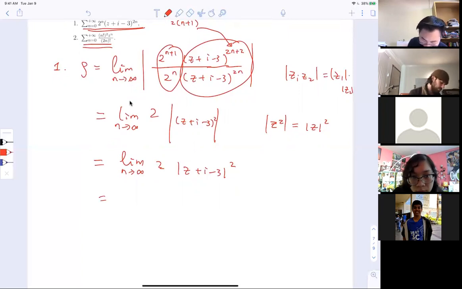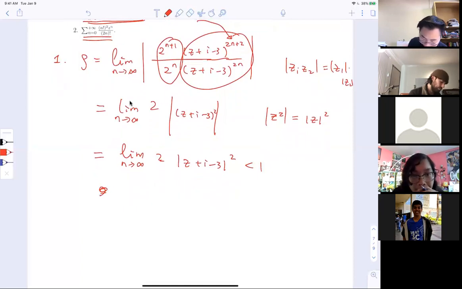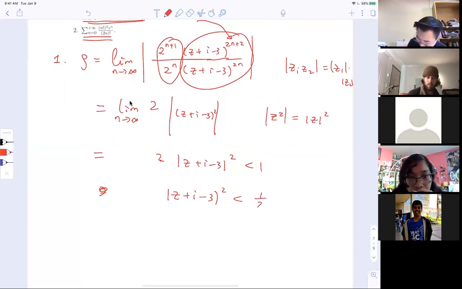Okay, so we want this number to be smaller than 1. Then we can erase this limit because there's no n anymore. So this is z plus i minus 3 squared, smaller than 1/2, and take a square root on both sides.